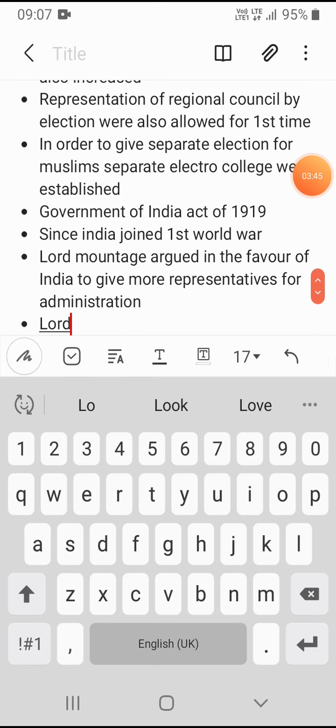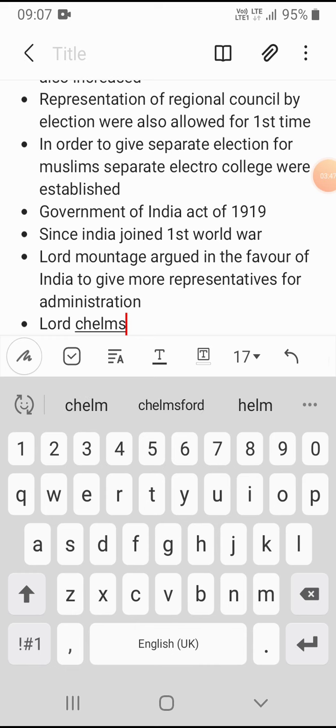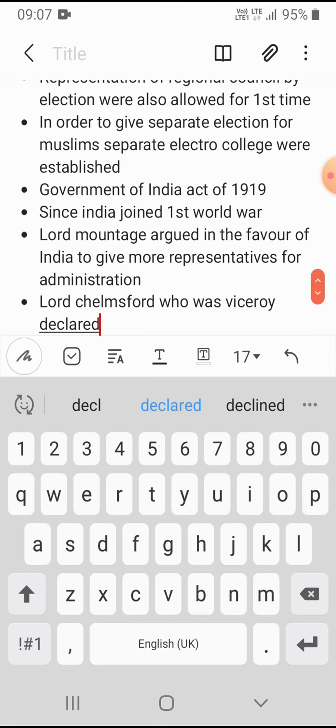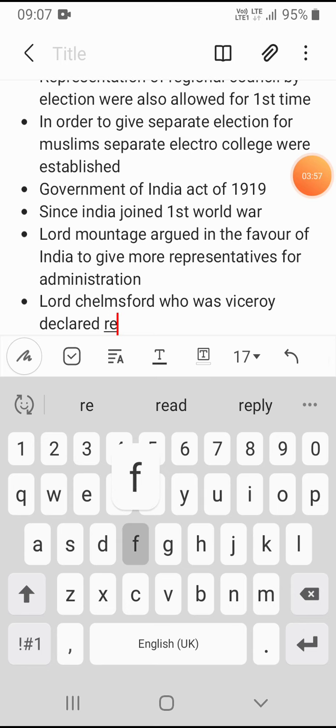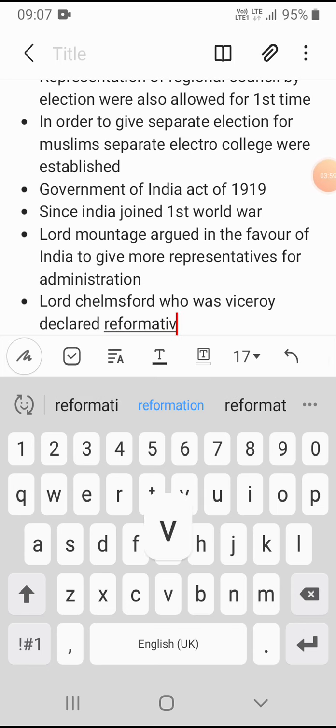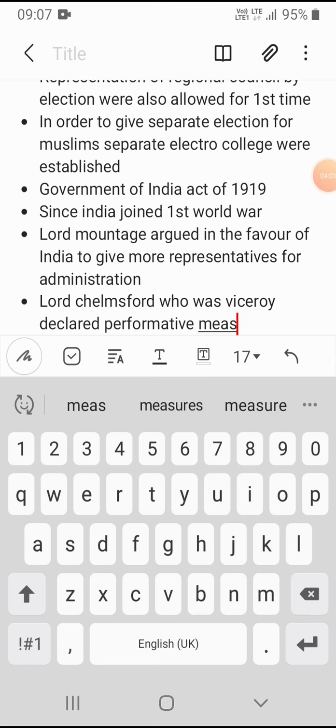And Lord Chelmsford, who was Viceroy, declared reformative measures to the British Parliament.